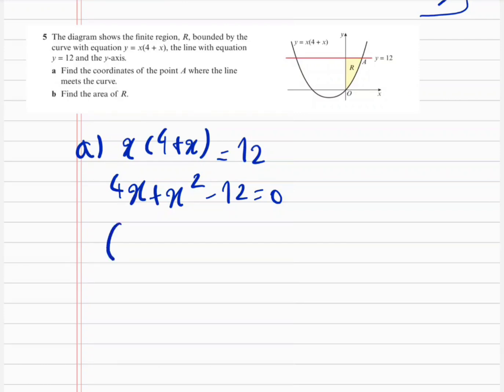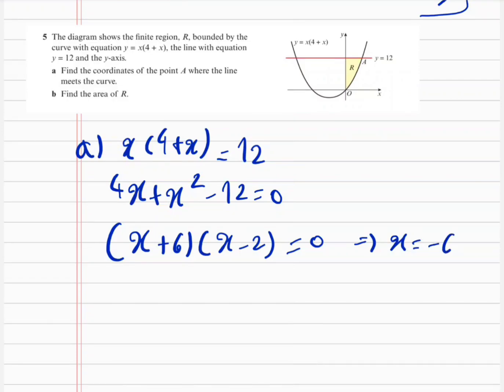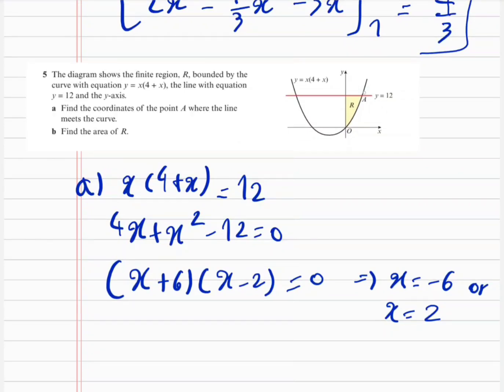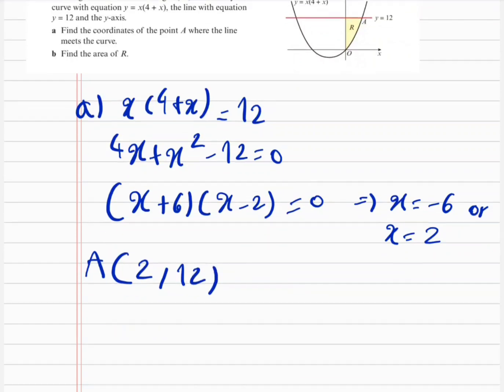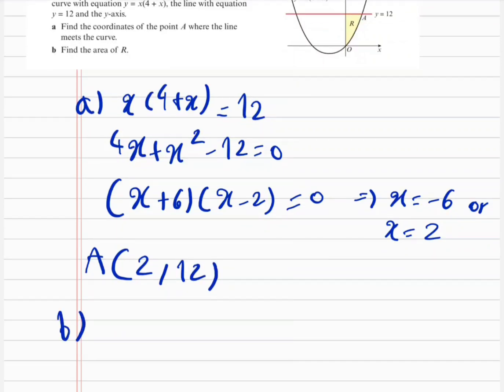And when we factorize this, we get (x plus 6) times (x minus 2) is equal to 0, which means the roots are minus 6 and plus 2. So here A is obviously positive, so A has coordinates (2, 12), where 12 is just its y coordinate. Right, part B is the interesting part.